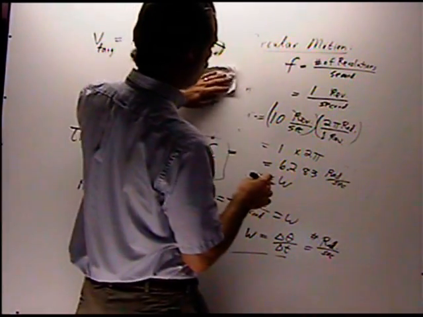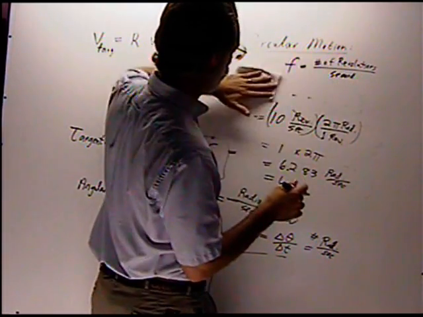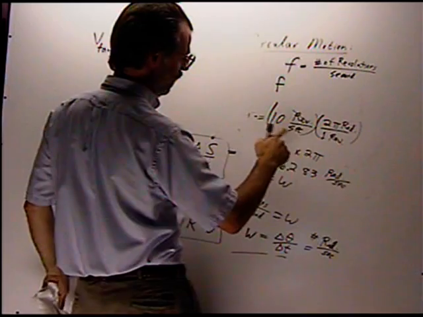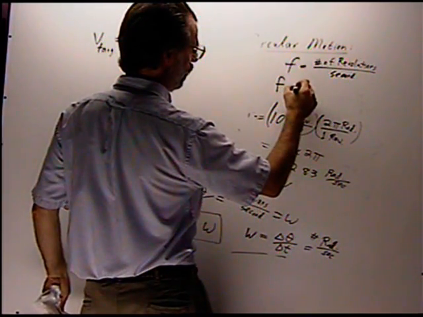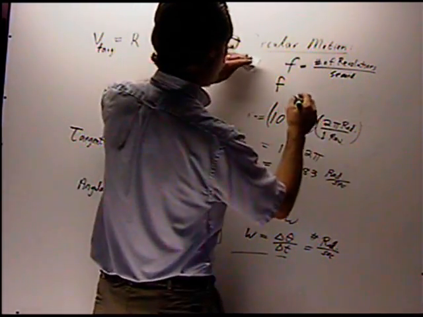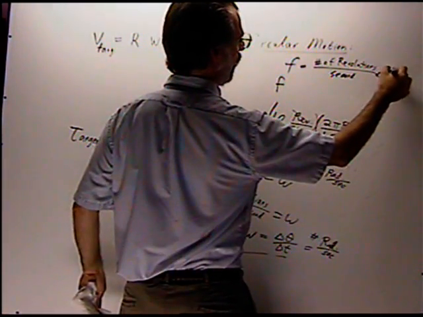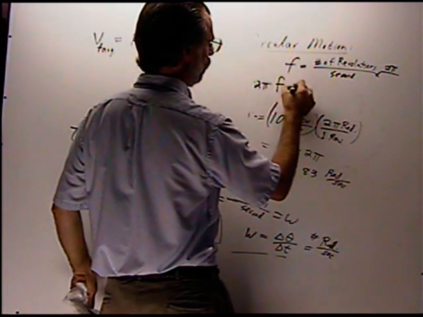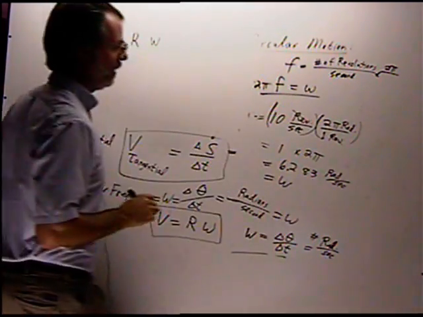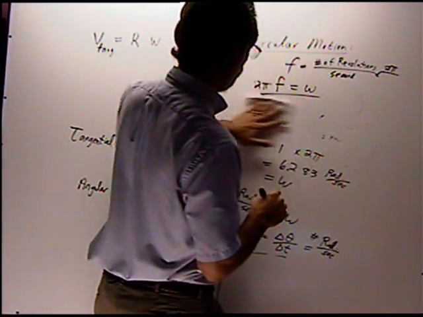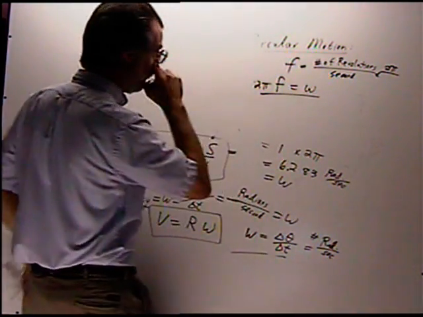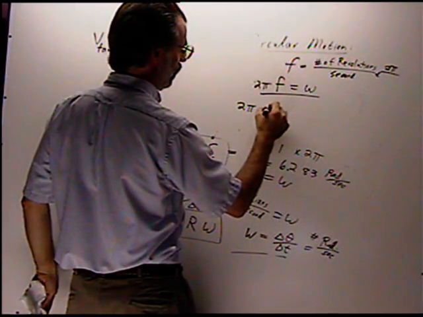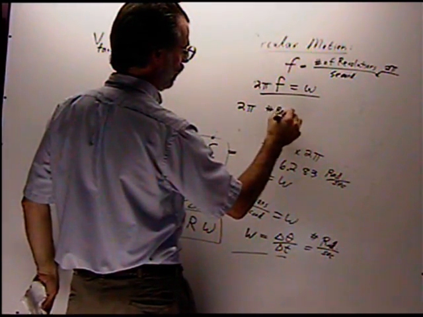And over here, we know, just from what we did before, that if we have F and we multiply this by 2 pi, F equals omega. Okay? And again, if you get confused about that, just remember that 2 pi times the number of revolutions per second.